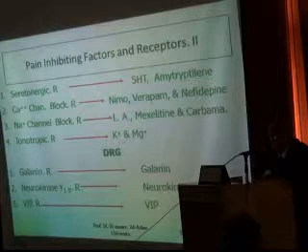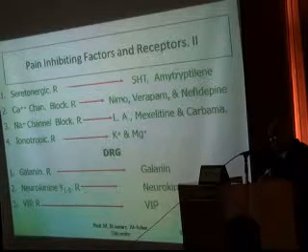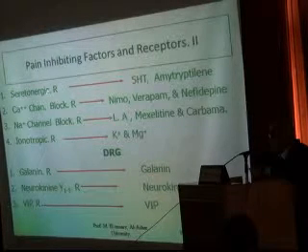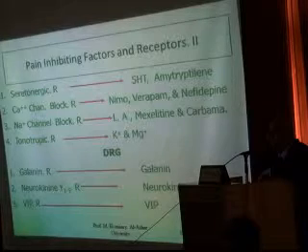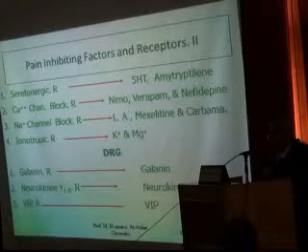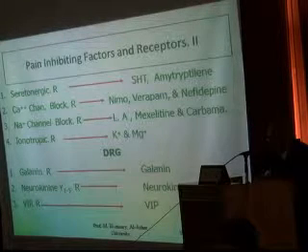It has A and B, A1, 2, 3 and B1, 2, 3, about 15 subtypes of serotonergic receptors, and each one works on something different: some on vomiting, one on the intestine, one on the spinal cord.